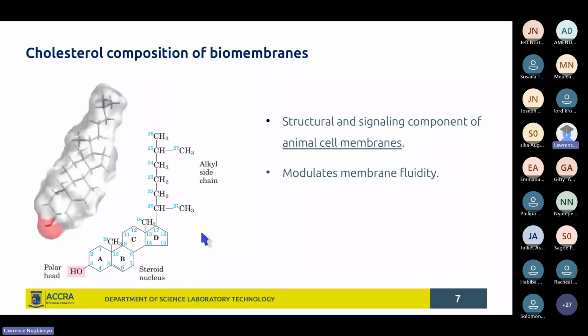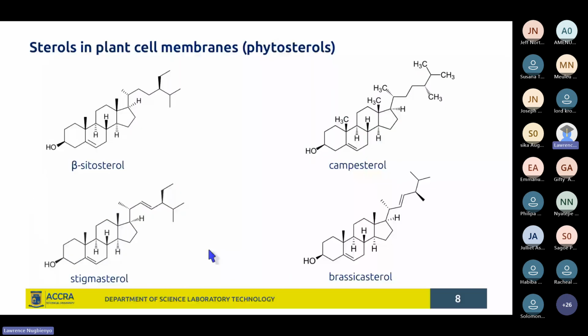Right. Now, as I was saying, cholesterol is a sterol that you find in animal cells, but in plant cells you have different types of sterols. And so here we're looking at some different examples.